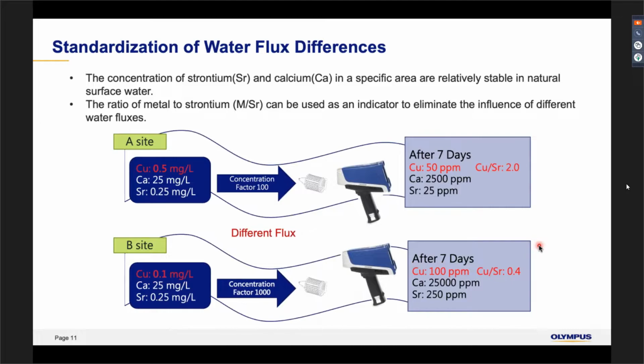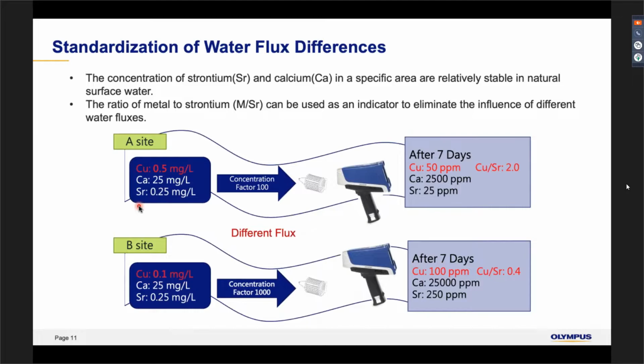In natural water, the concentration of strontium and calcium in a specific area is relatively stable. For example, the calcium concentration is 25 milligrams per liter in Taoyuan, northern Taiwan, and 60 milligrams per liter in central Taiwan.